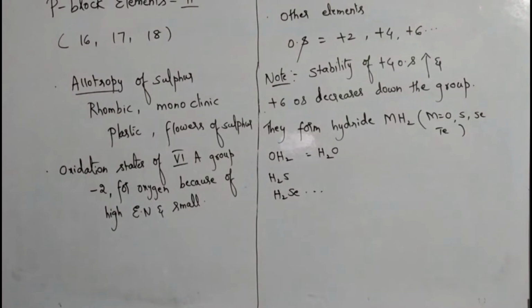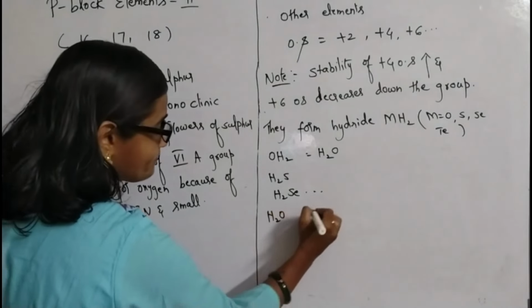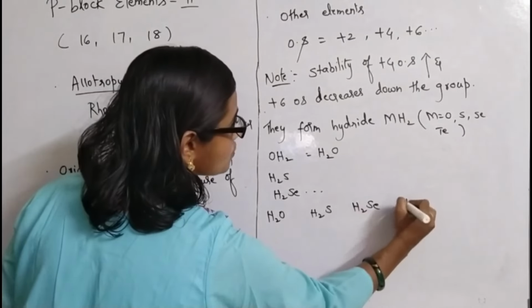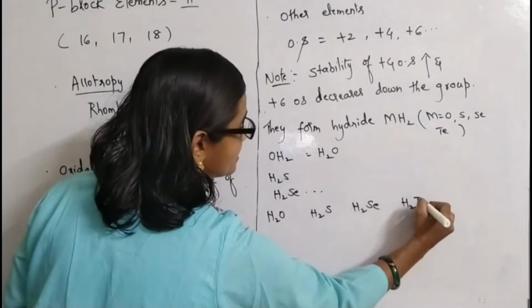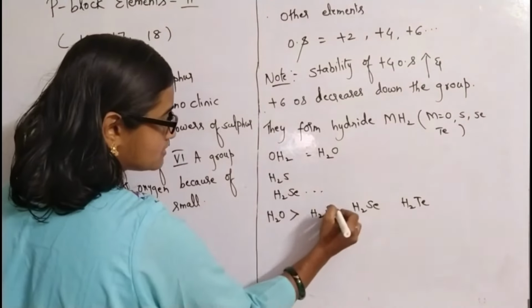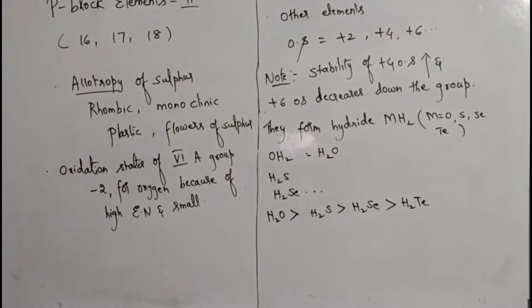If you go for the hydrides, acidic character increases from water to H2Te. See here, H2O, H2S, H2Se, H2Te. Like this hydrides are there.